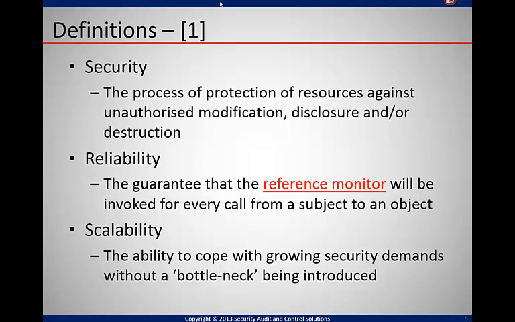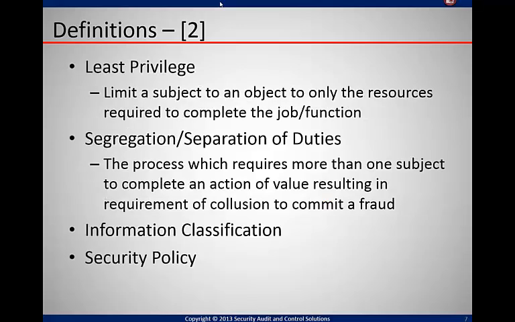Also, security is the protection of resources against unauthorized modification, disclosure, and or destruction. Reliability means the guarantee that the reference monitor, which is like a traffic cop, will be invoked for every call from a subject to an object. There's scalability, which means the ability to cope with growing security demands without a bottleneck being introduced.